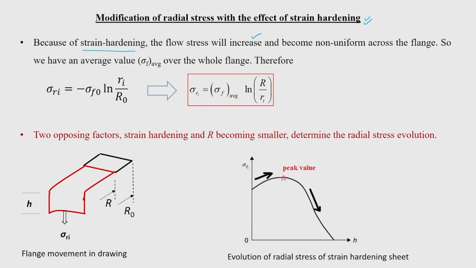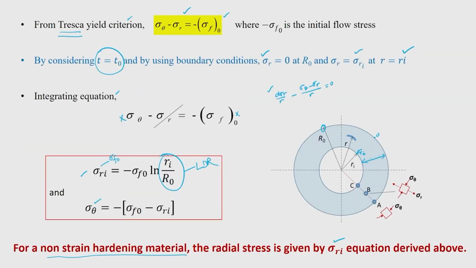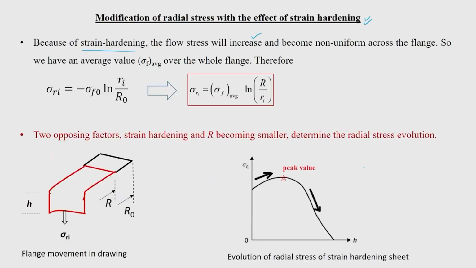You can imagine that, like previously we discussed, you can put a lot of circle grids on the surface, get strains at different grids, and from there get sigma bar, and from there sigma 1, 2, 3. All those things you can do in this flange also. Finally you will see that the flow stress is distributed in a non-uniform way in the flange region.